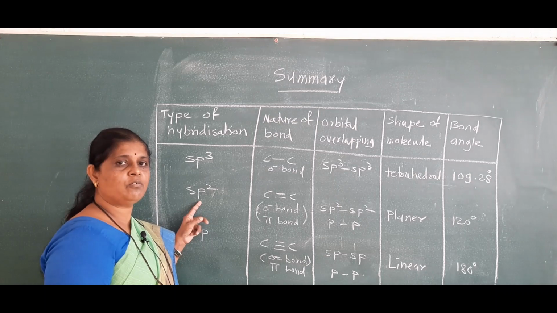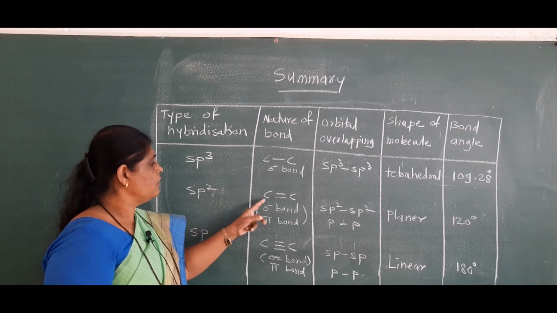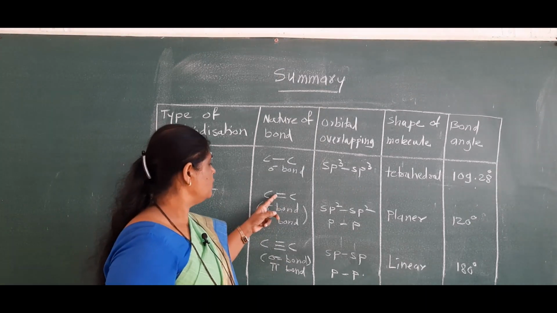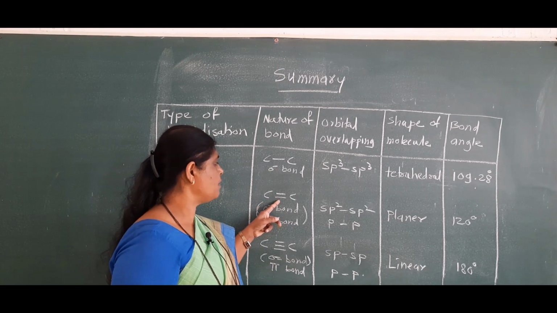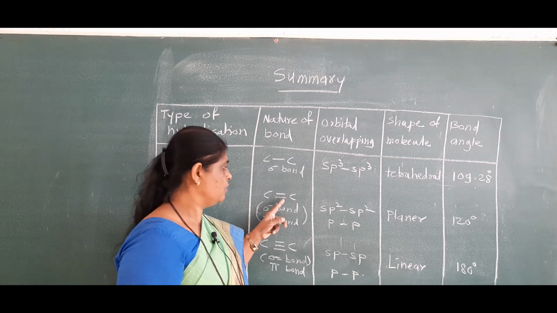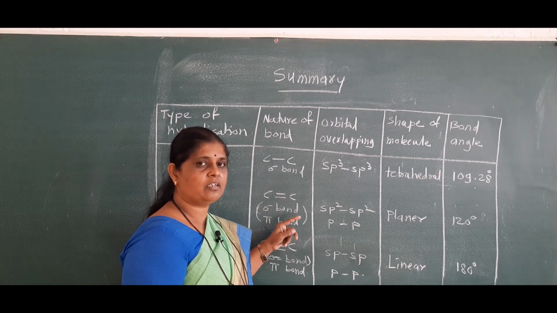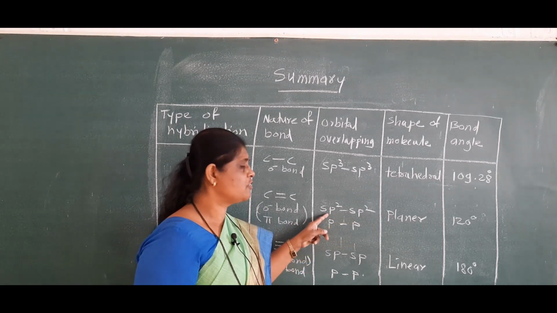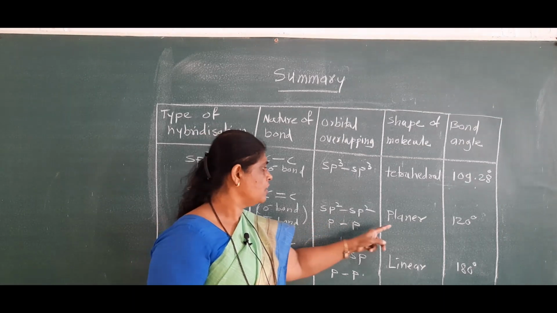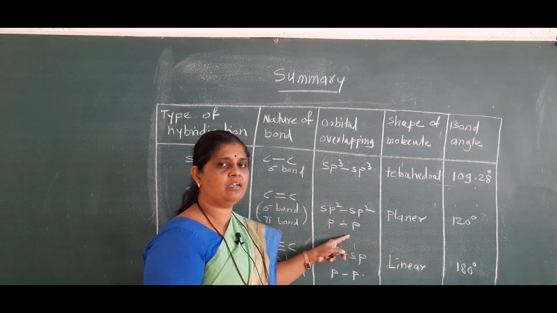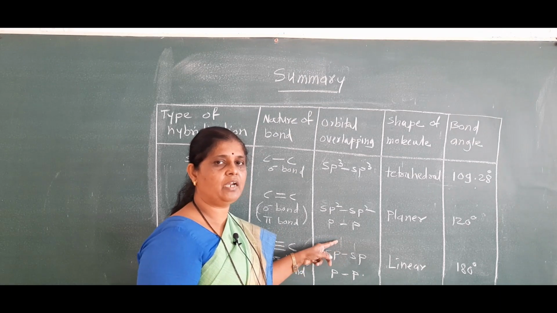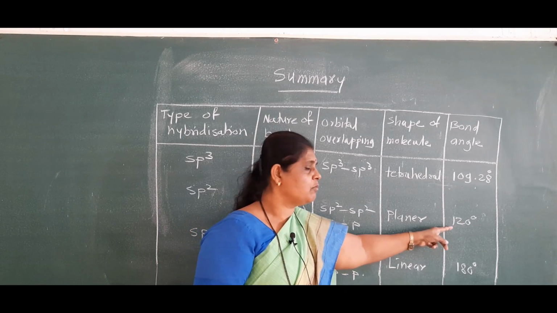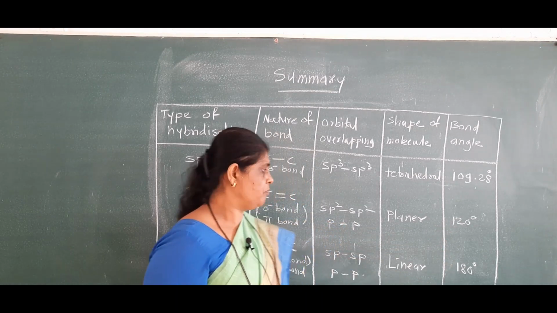In case of sp2 hybridization, carbon double bond carbon is formed, and out of those 2 bonds, one is sigma bond and another is pi bond. Carbon-carbon sigma bond in sp2 hybridization is formed by axial overlapping of sp2 hybrid orbitals, and pi bond is formed by lateral overlapping of p atomic orbitals. The shape of the molecule is planar and the bond angle is 120 degree.